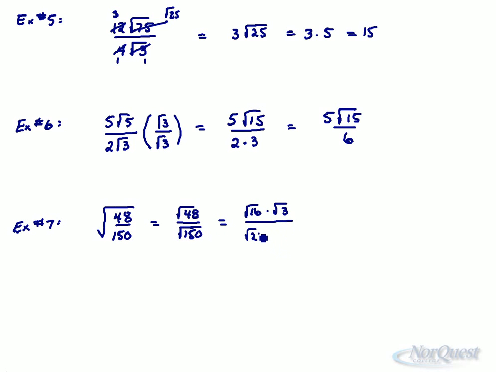So root 25 times root 6. Pulled out the perfect squares. The square root of 16 is 4 root 3. The square root of 25 is 5 root 6.